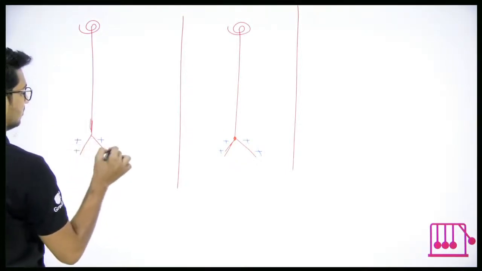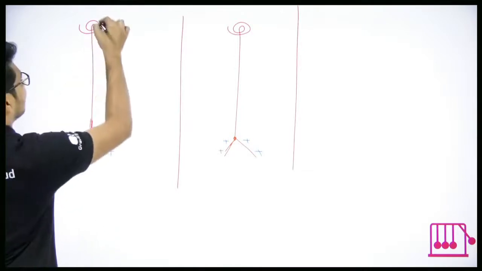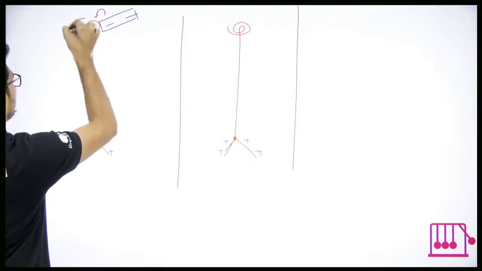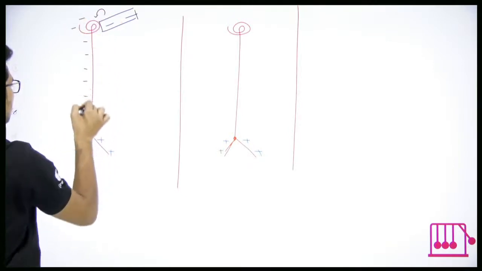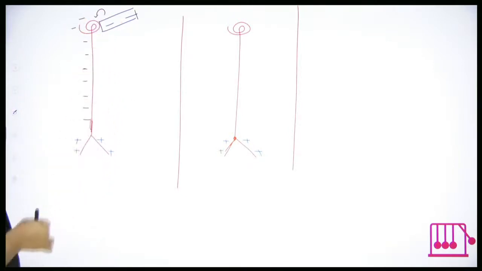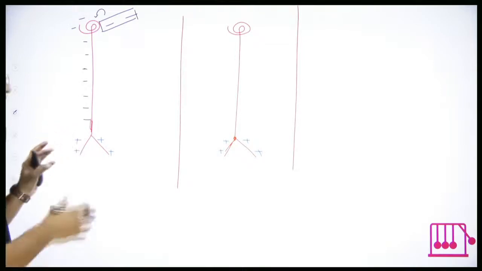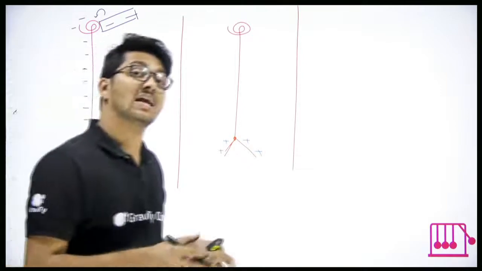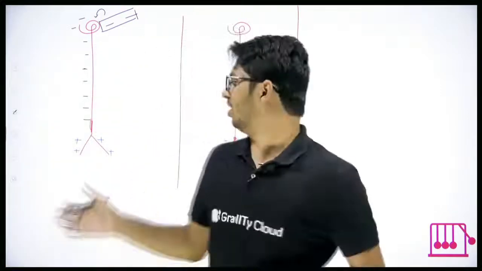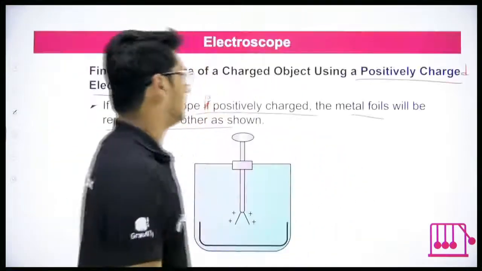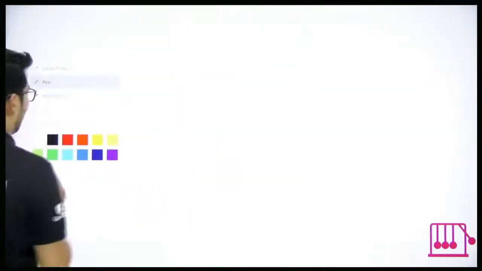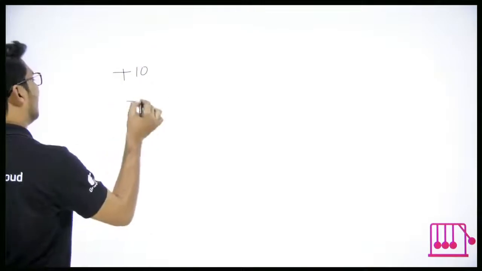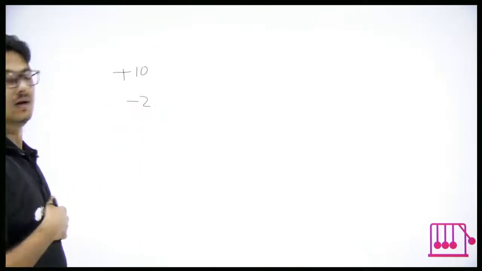It has 2 positive. And we are touching the body with a negatively charged rod. So negative charges flow onto the disc, onto the rod. Now, the negative charges try to flow into the leaves, the foils. But the foils are already positive. So, for example's sake, let's say there are already 10 positive, then if I add 2 negative to it, what happens?